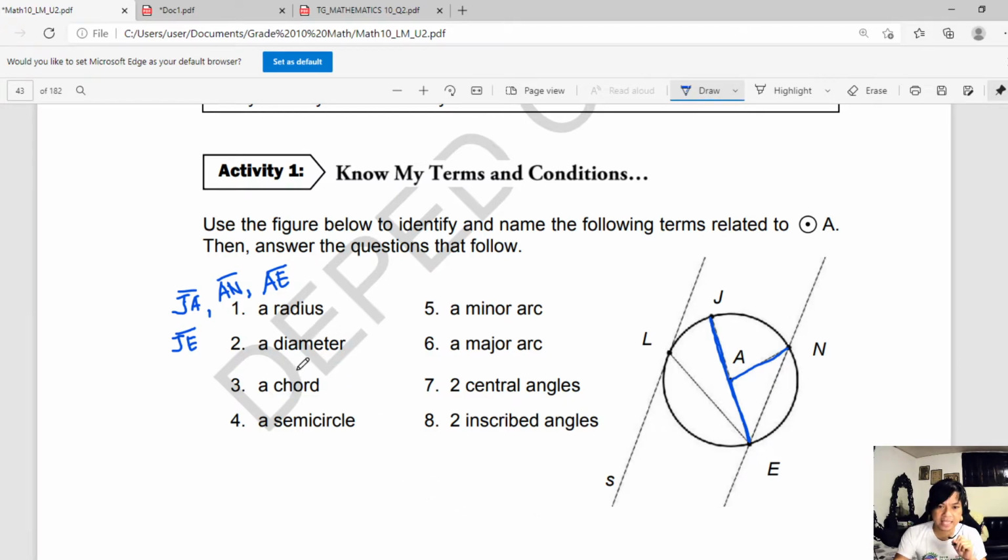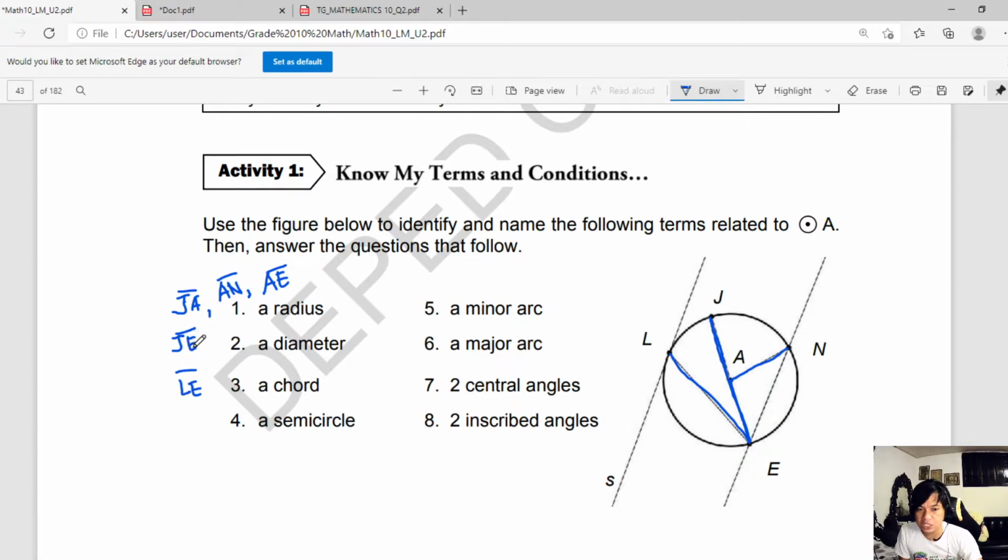Next one, let's identify a chord. So what is a chord? So a chord, pwedeng ito, LE is a chord. Segment LE is a chord.